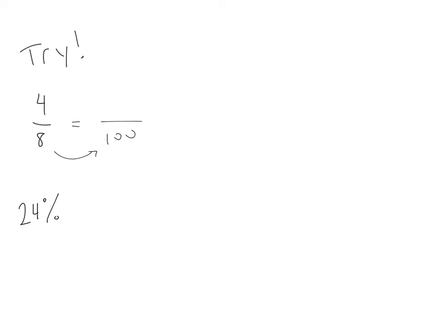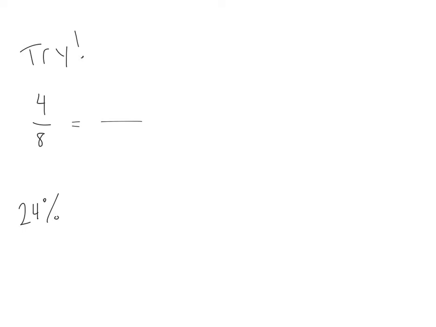Why is that? 8 times 12 would give you 96, but 8 times 13 is 104. So what should we do? Let's not jump too quickly. Instead of making it into 100, let's make it into something that could then go into 100.